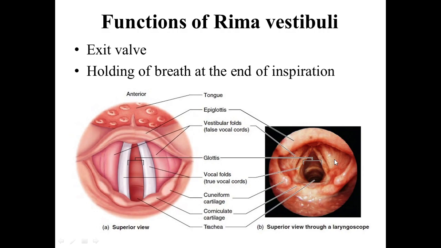At the end of inspiration, you can hold the breath for some time by the action of rima vestibuli. These vestibular folds come close to each other at the end of inspiration, so you can hold the breath. So it acts as exit valve.